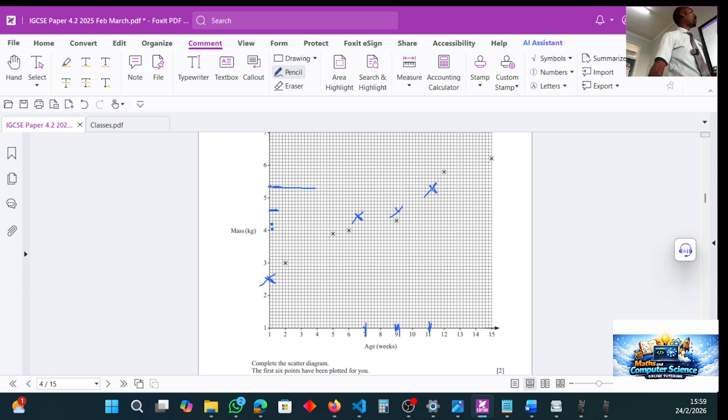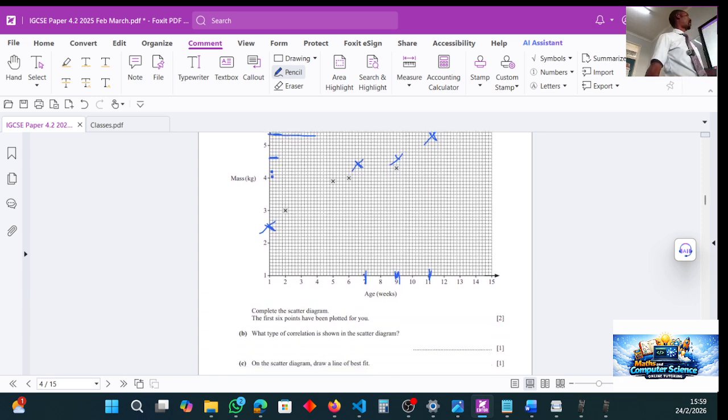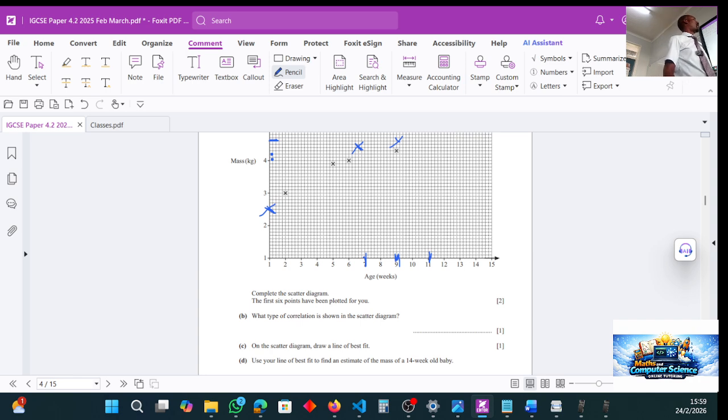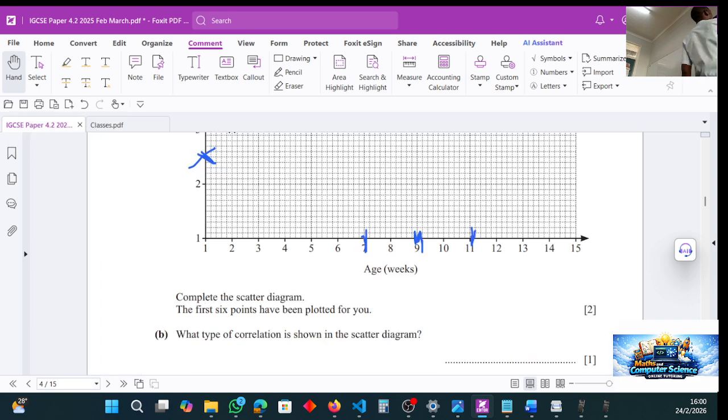Then, if we look at the trend of these points that we've plotted, I think that will relate to the solution that we need. They are asking what type of correlation is shown on the scatter diagram. When we are interested in the relation, we come up with a line that equally separates the points that we plotted.